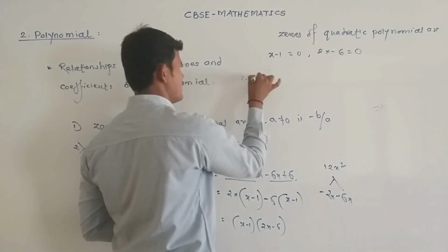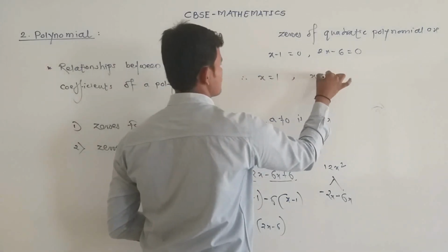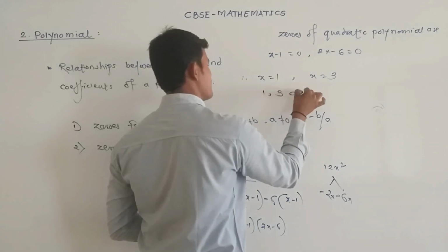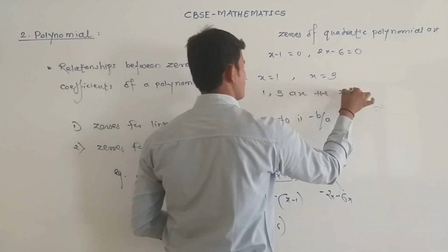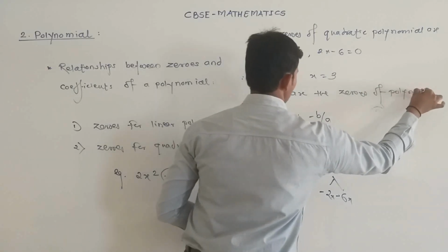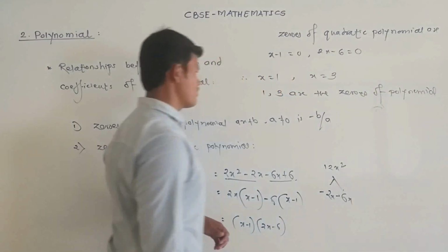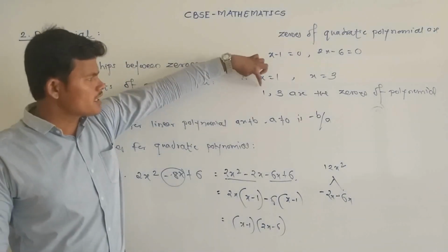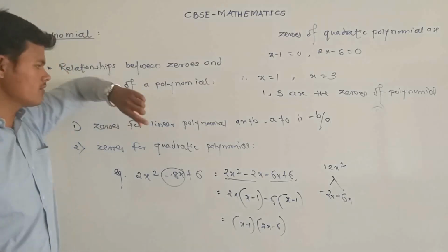So we get x is equal to 1 and x is equal to 3. That is, 1 and 3 are the zeros of the polynomial. So for the quadratic polynomial 2x square minus 8x plus 6, the zeros are 1 and 3.